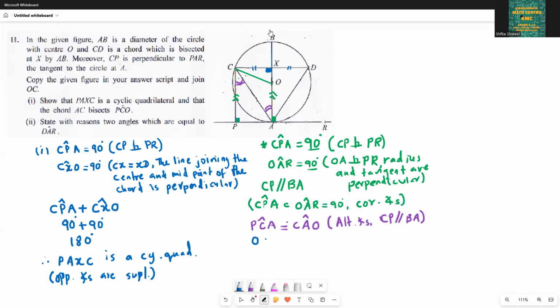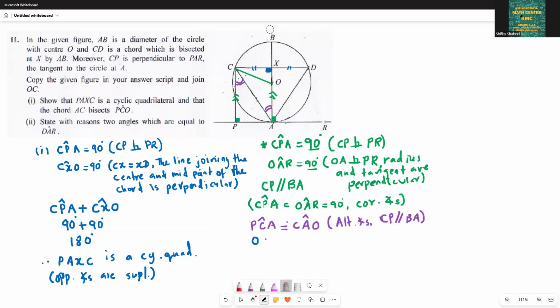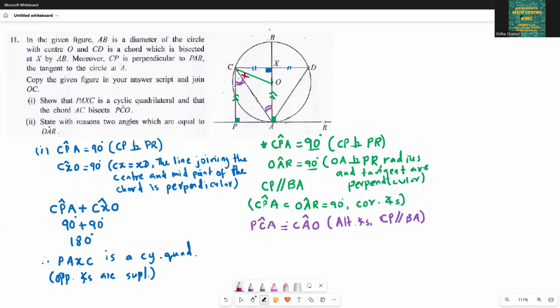And also we can write OCA. I will choose another color to make it more clear. This one, OCA, this angle. OCA angle is equal to CAO.